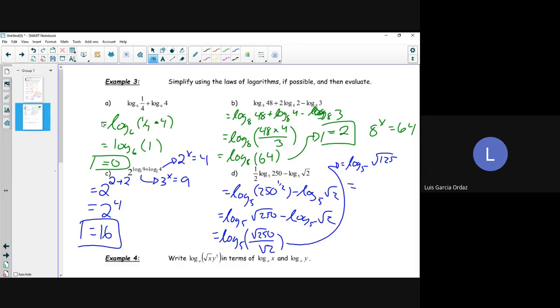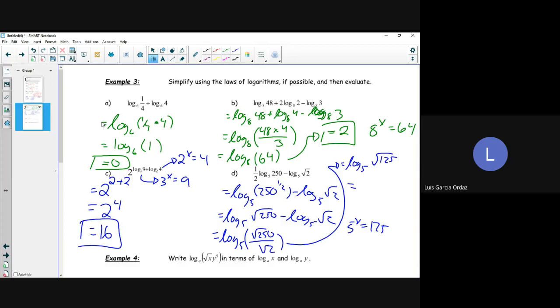And now we need to figure out 5 to the x is equal to 125. So what value of x gives us a solution of 125? So 3.